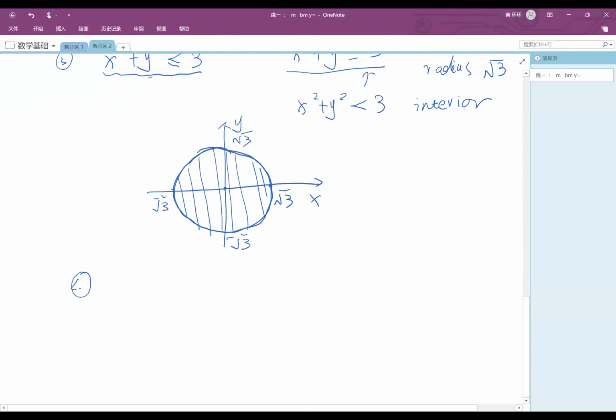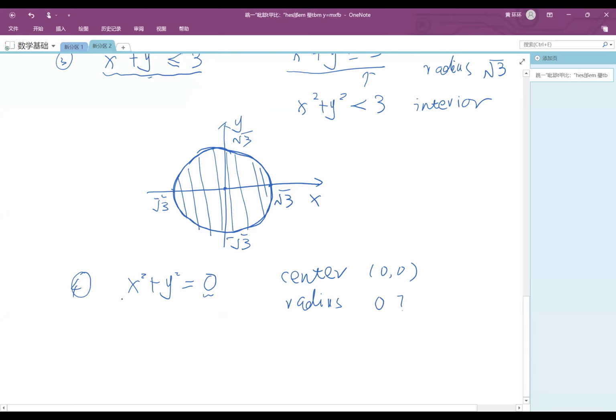And the fourth one means the square root of x squared plus y squared is equal to 0. If we say this is a circle, the center is 0, 0 and the radius is 0.